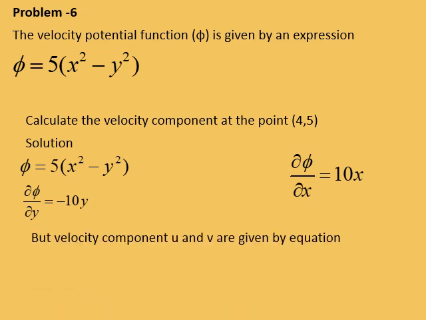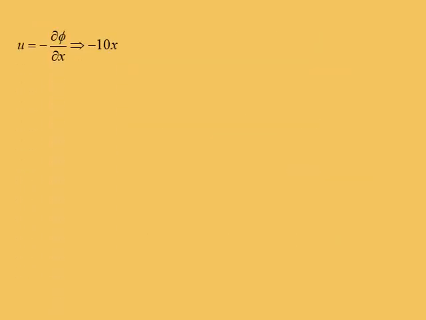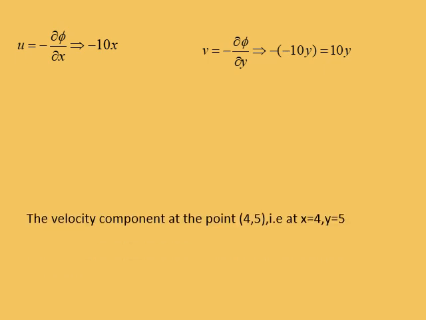But velocity components u and v are given by the equations. The u is equal to minus dou phi by dou x, so that is equal to minus 10x. V is equal to minus dou phi by dou y, so that is equal to the minus of minus 10y, that is equal to 10y.